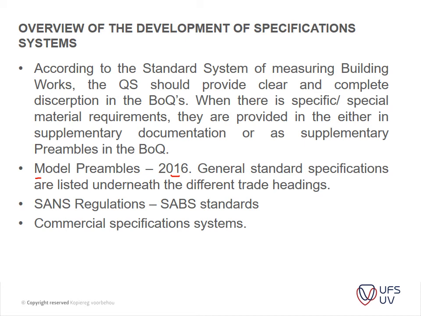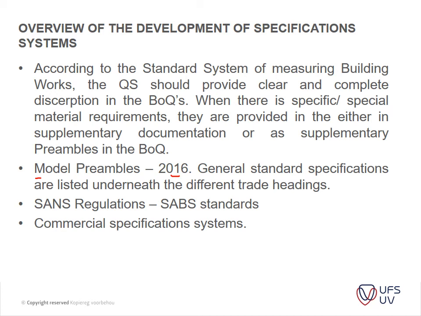It just specifies that if, for instance, you do not specify what type of mortar is to be used in a brick wall, it will be deemed to be a class 2 type of mortar. So it just sets a general standard.